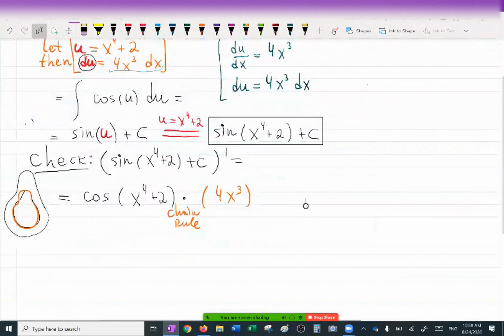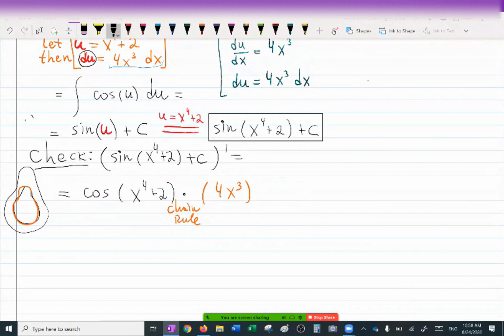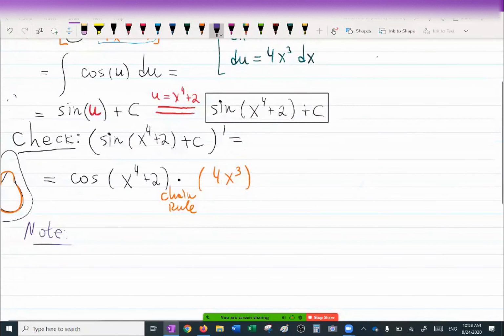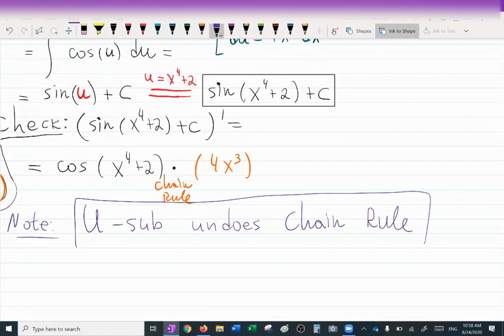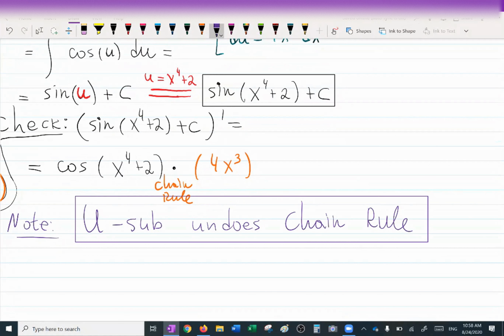So U-substitution undoes the chain rule. That's the idea. Note: U-substitution was created to undo the chain rule. That's an interesting thing. So we were fighting with the chain rule in calculus 1 so much.